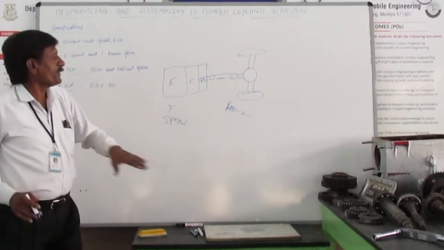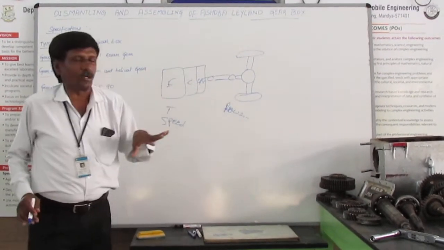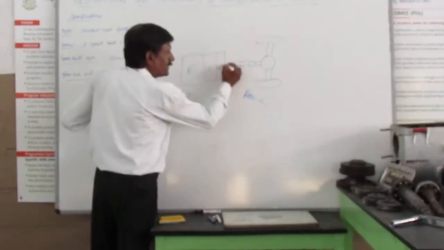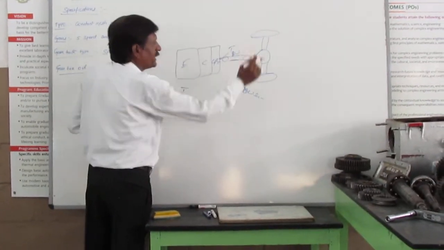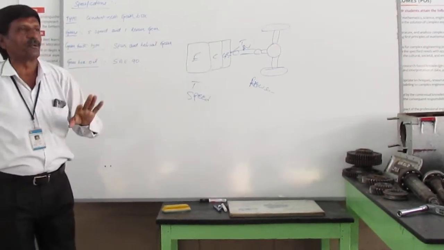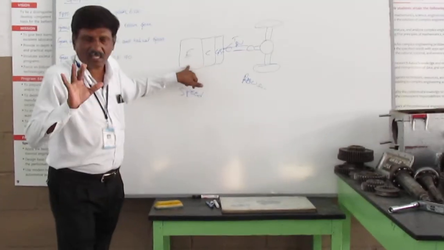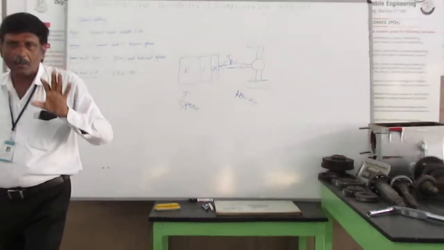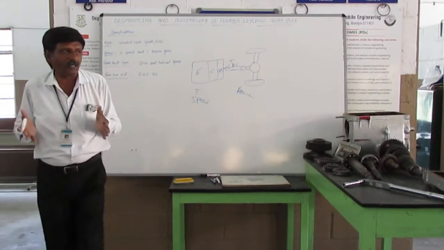Then we need a gearbox. By using the gearbox, we can vary the torque and the speed available at the gearbox output shaft. Even if the engine is running at a constant speed, the torque and speed of the gearbox output shaft can be varied according to the requirement of the vehicle.